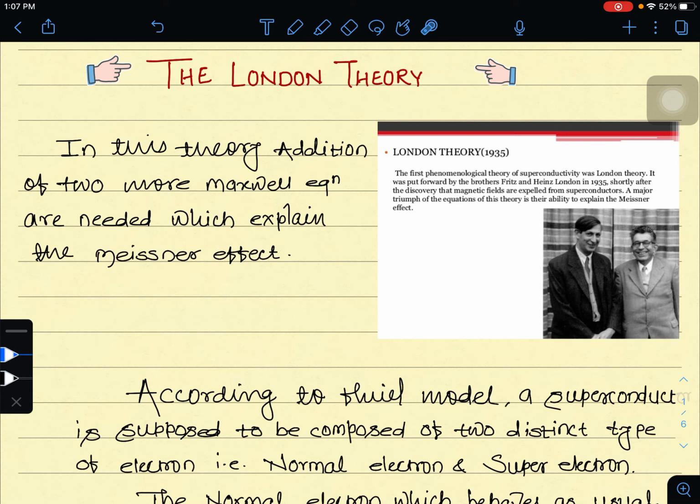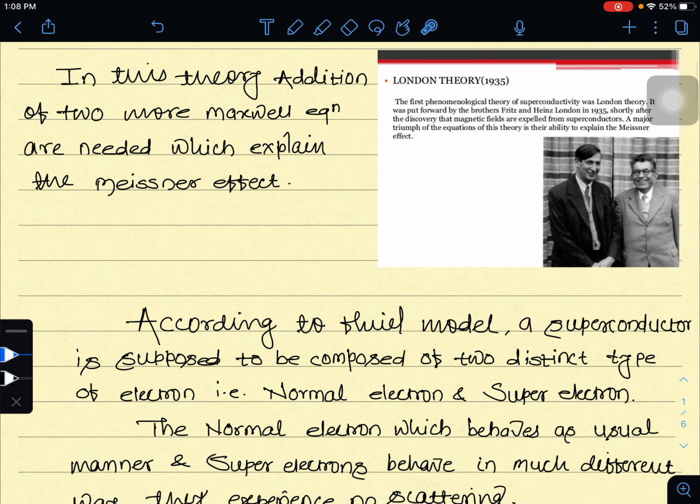That's why these two brothers, Fritz and Heinz, called the London brothers, made changes to the Maxwell equations, and this explanation comes from the Meissner effect.